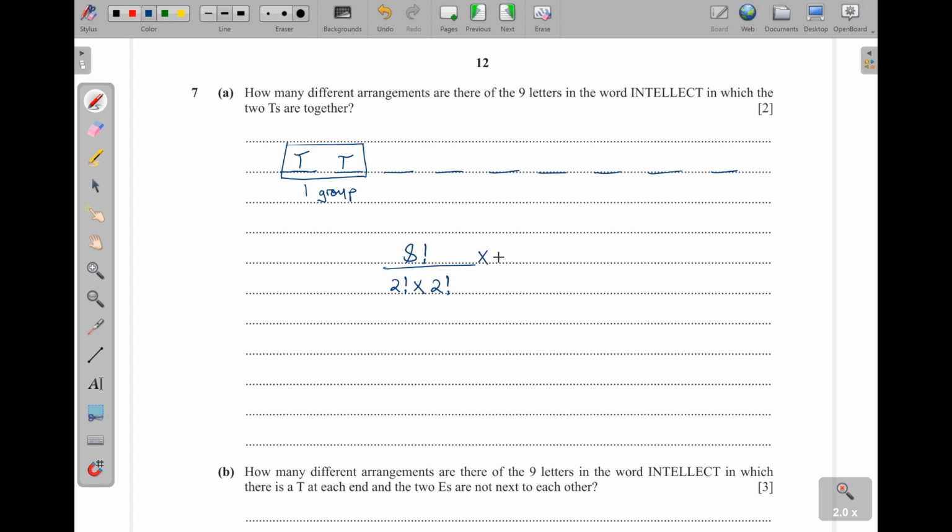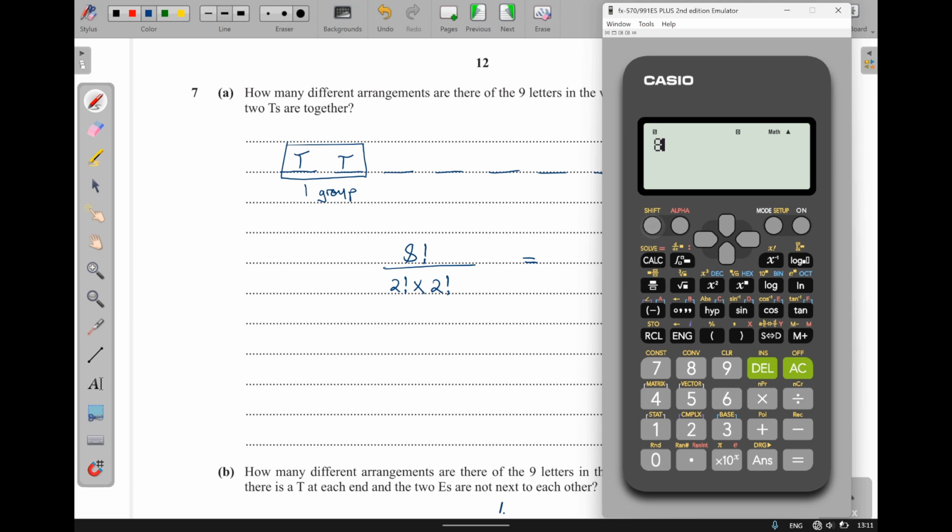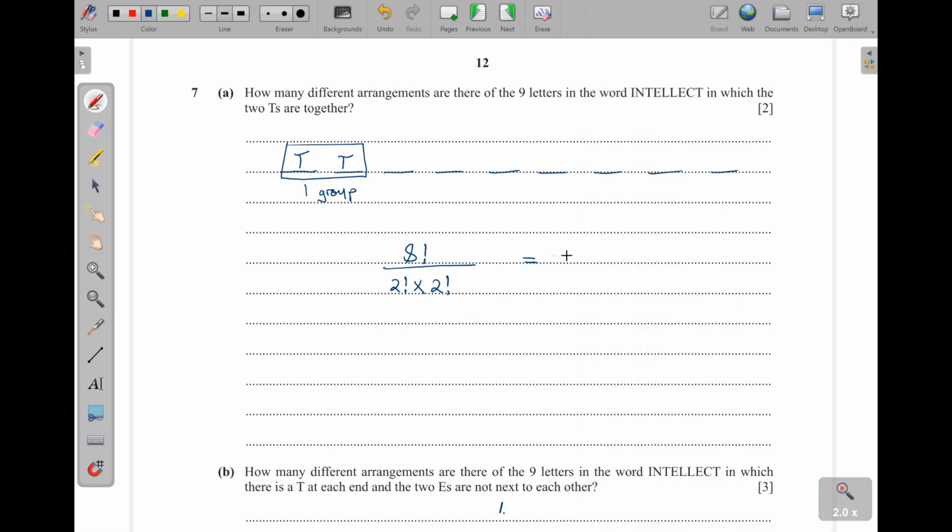I would have multiplied this one by 2 factorial because there are 2 T's, but I'm going to divide by 2 factorial because they are in a line and they are repeating. You see? So there is no need of writing this one here. It is optional. So that means our answer here is going to give us 8 factorial. Then I will divide by 2 factorial is 2. So 2 times 2, that's a 4. Then 10080.